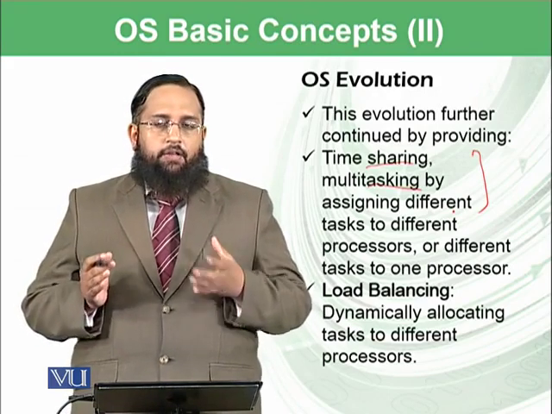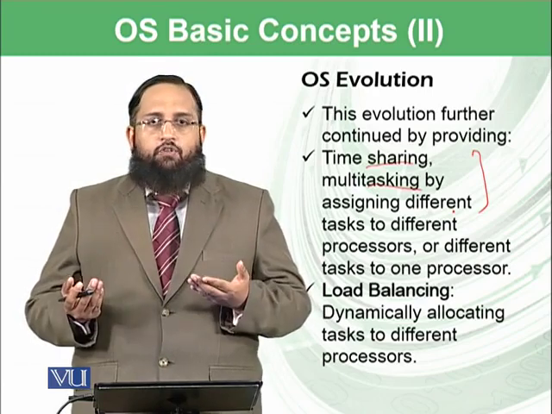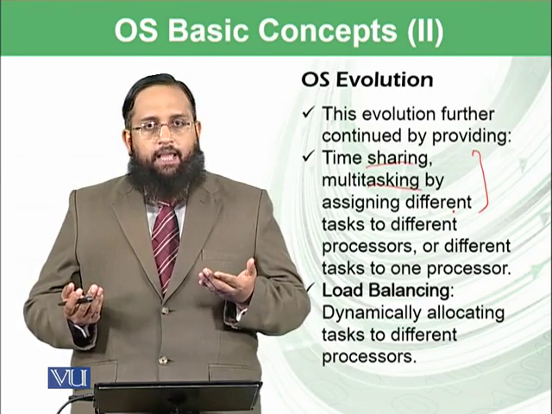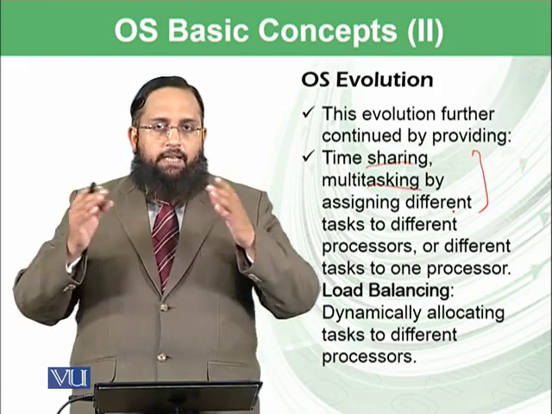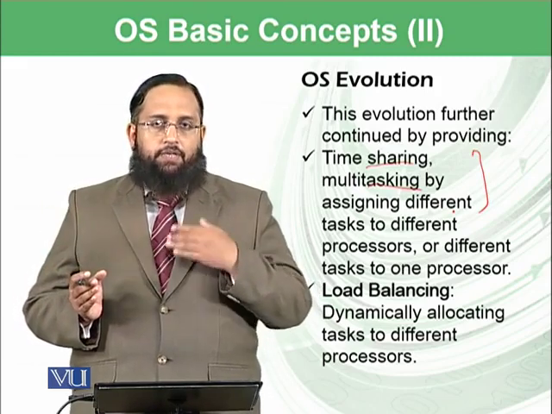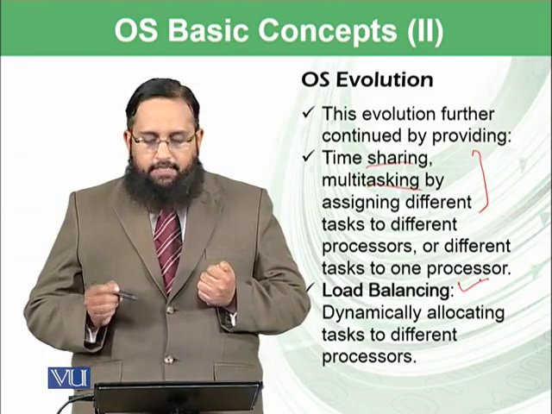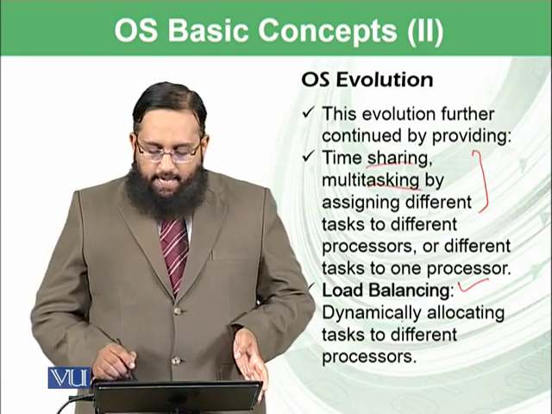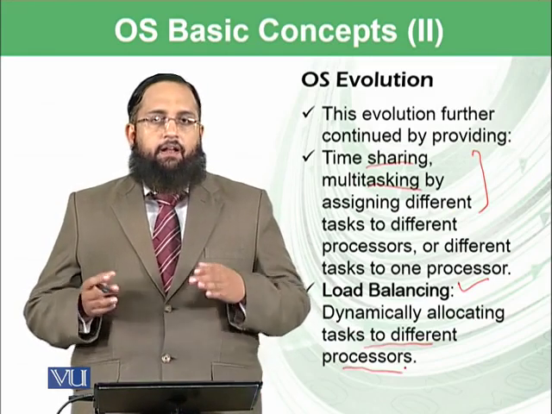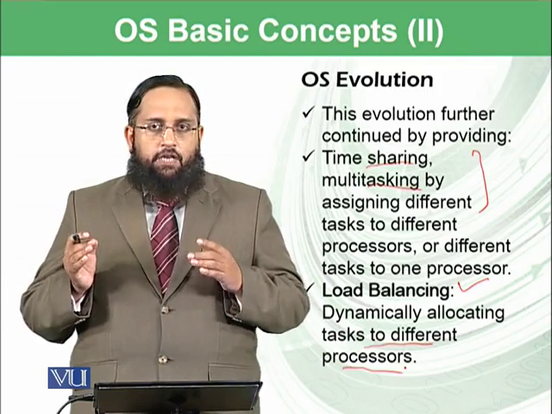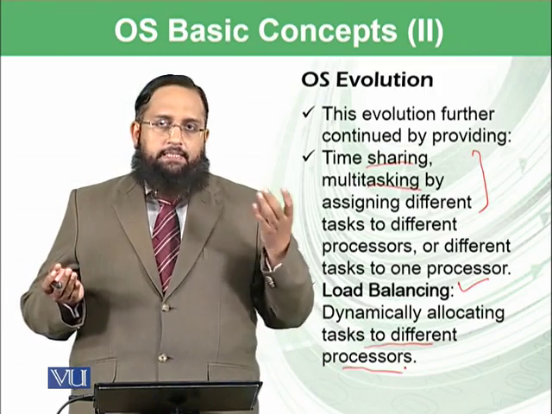And in Pakistan, there are some computers available which have more than thousands of processors, and those are called supercomputers. When multiple processors are involved, there is another important term known as load balancing, which dynamically allocates tasks to different processors. For example, if there are 1000 processors, some are idle, not doing any work, and some are busy.